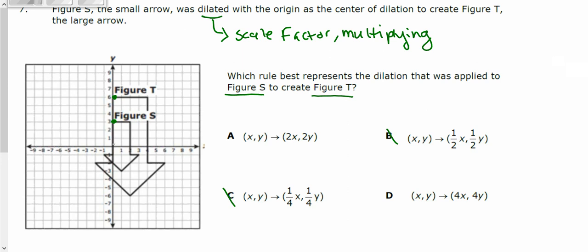So this coordinate, my y value is 3, and it's going from a y value of 3 to a y value of 6. So I can see that what it's multiplying by is 2. To multiply by 4 means it would go to 12. Well, it's going to 6. So I'm going to choose A as my answer, telling me that my x value is being multiplied by 2 and my y value.